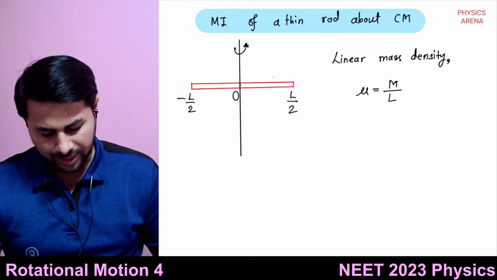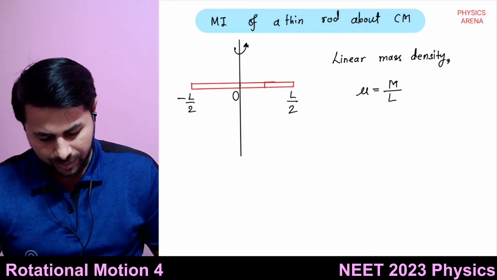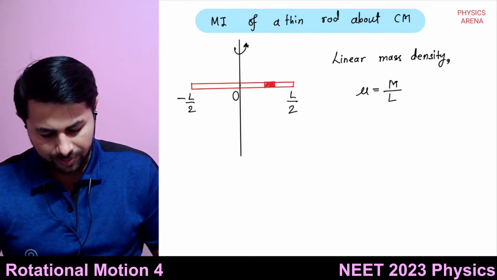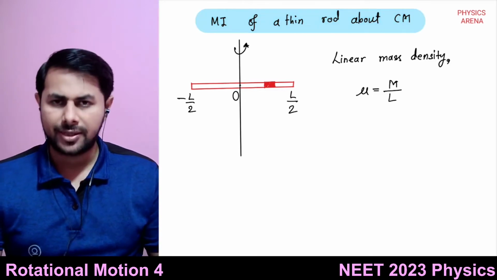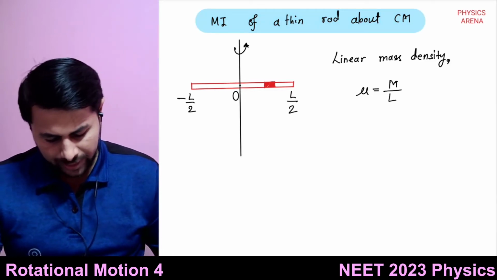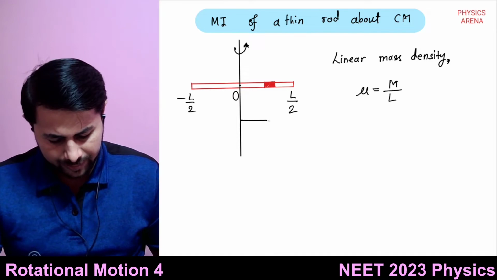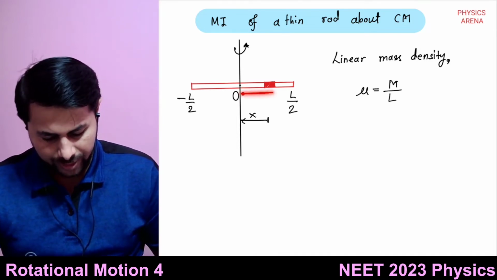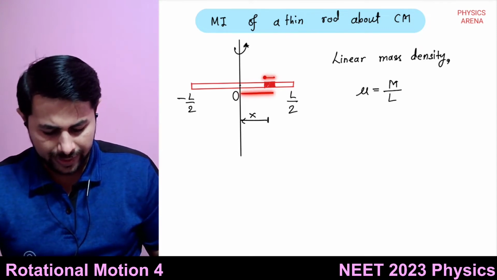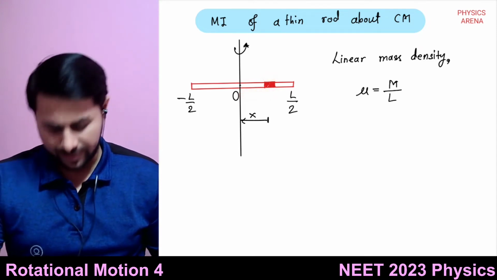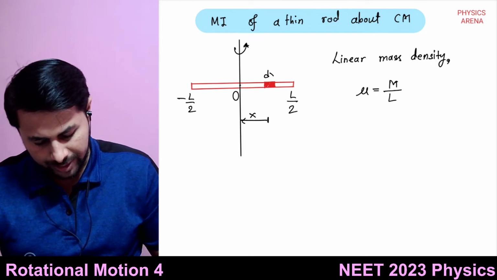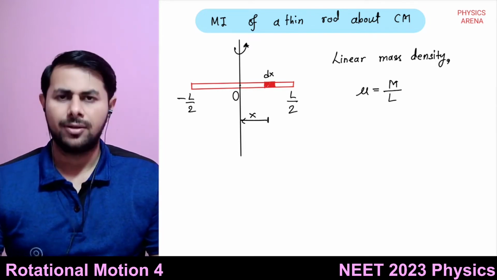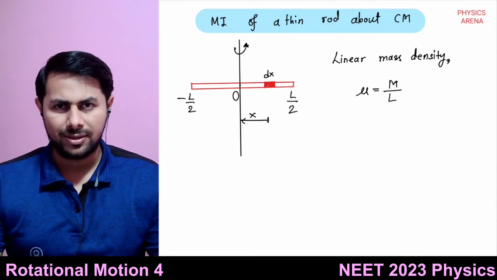Now we break this rod into n number of small chunks, small segments. Let's consider a segment. This is the small segment of this rod. Suppose it is at some distance, let's call the distance x, from here to here, and the length of this segment is dx. So mu is mass per unit length, right?